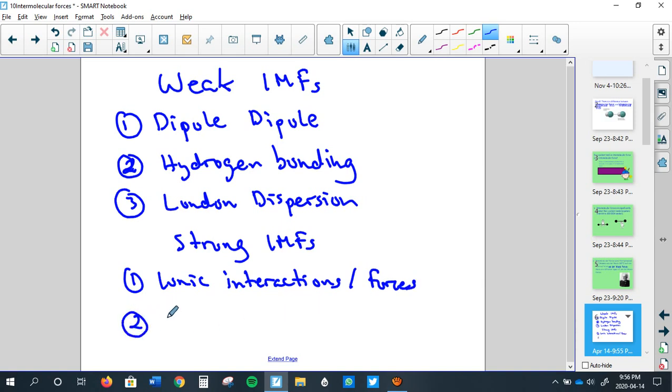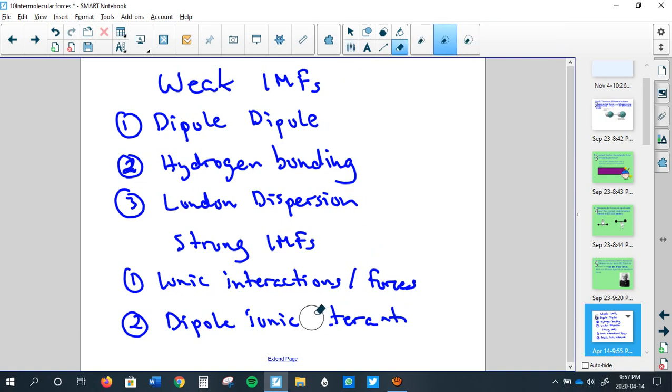Your second strong intermolecular force is your dipole ionic force, or dipole-ionic. Okay, so five forces, three of which we're going to focus on the most, and these are your weak intermolecular forces.